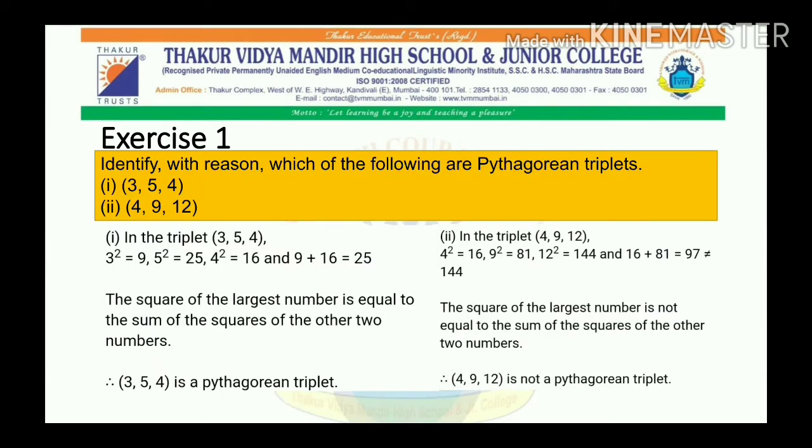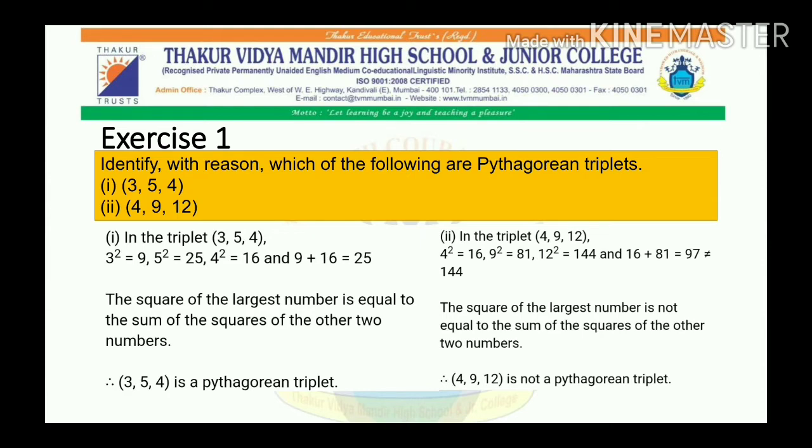Now coming to the exercise based on Pythagorean triplets and the Pythagoras theorem. The first question is: identify with reasons which of the following are Pythagorean triplets. 3, 5, 4 and 4, 9, 12. For the first, 3, 5, 4, take the square of each. 3 square is 9, 5 square is 25, and 4 square is 16.